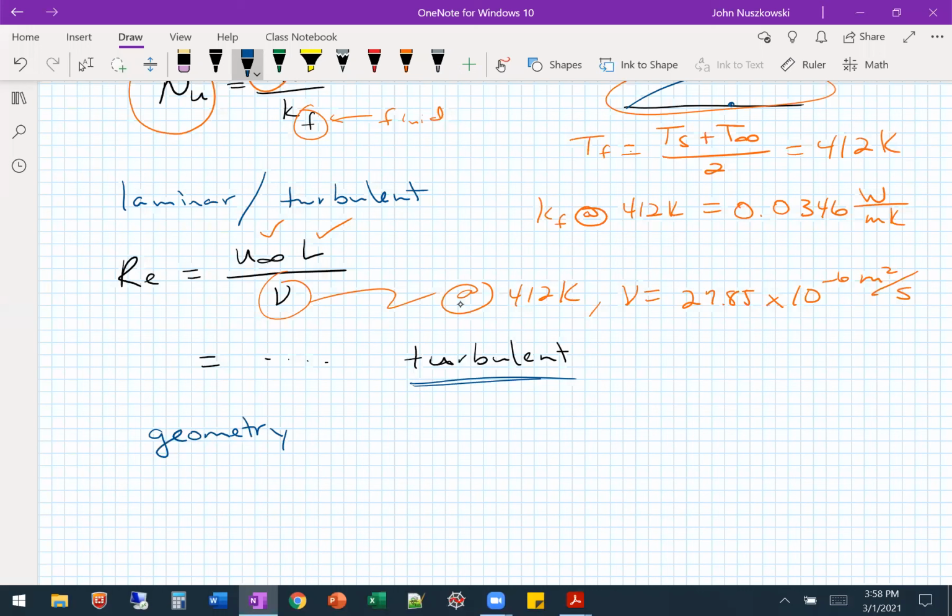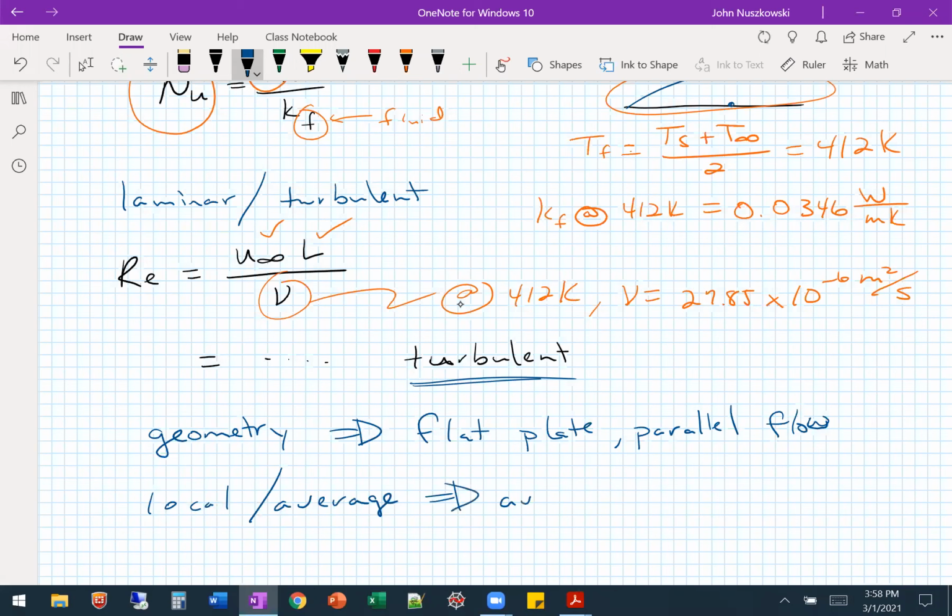There'll be a different equation or set of equations for, in this case, a flat plate in parallel flow. So the relationship will look different depending upon the geometry, okay? And then another one is whether you want local convection coefficient or average, right? And we want H bar, so we want the average convection coefficient.